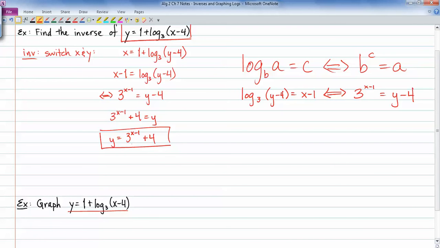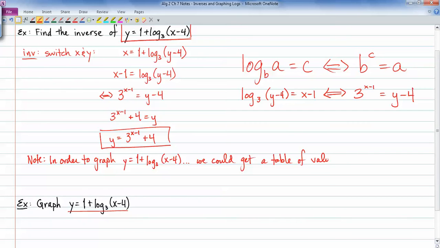Well, in order to do that, actually, let me add a note here. So note, in order to graph y equals 1 plus log base 3 of x minus 4, we could get a table of values, a domain, a range, and an asymptote for the inverse.